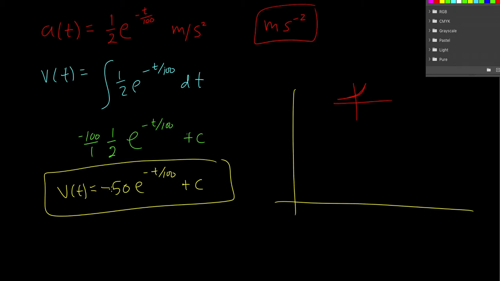Now this negative out in front is going to take every y value and flip it negative, so it's going to look like this now. And this negative up here is going to take every x value and flip it. And so now it's going to look like this. That's the general shape that we have.